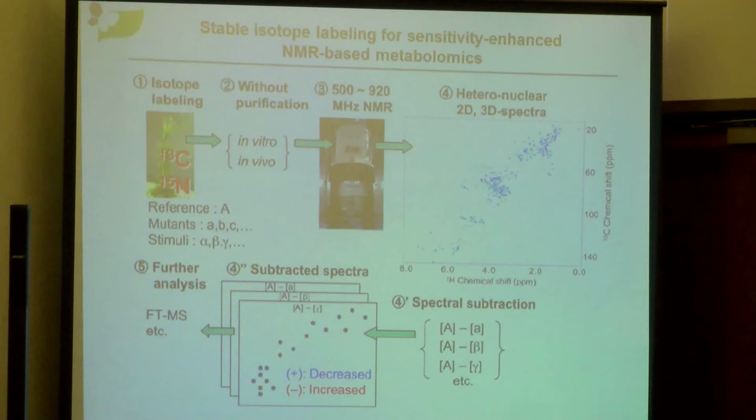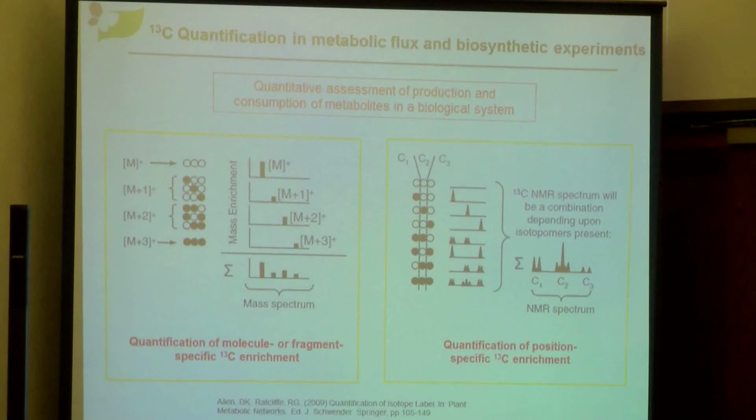Already in 2004, Kikuchi from the Riken Institute in Japan proposed to use labeling of organisms, of plants for example, with stable isotopes to enhance sensitivity, to use high field NMR, and then to improve the signal to noise of NMR spectra, for example HSQC spectra, to have a better quality of HSQC spectra in a shorter time, and from that to be able to quantify metabolites in the sample.